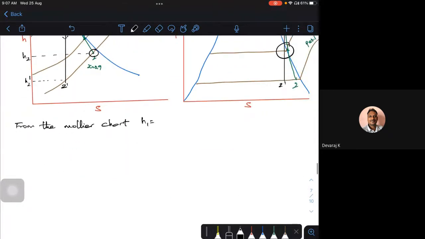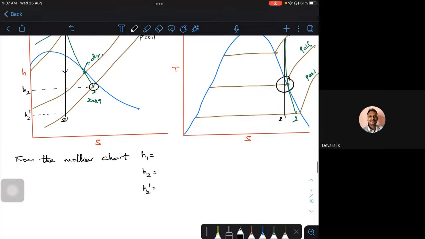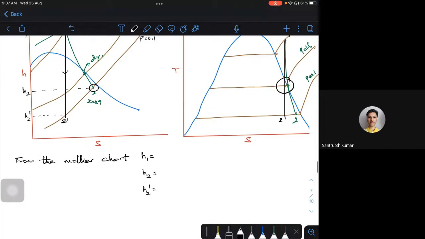So can anyone tell me these values? H1, H2, and H2 dash. Please look into your Mollier diagram and tell me the values. H1 is 3130, sir. 3130, fine. 3130 kilojoules per kg. What about H2 dash?